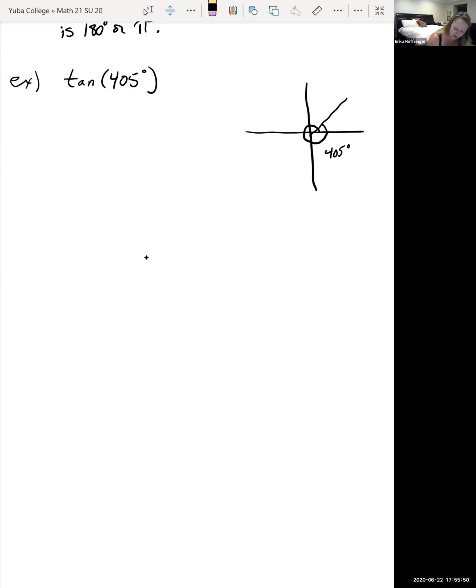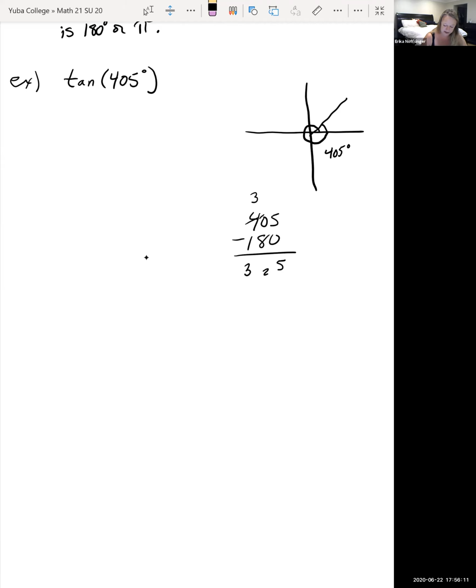So this is equivalent to, I have to figure out basically what I'm multiplying 180 by. Let's look at 405 minus 180. Let's see how many times we have to do this. That gives me 225.